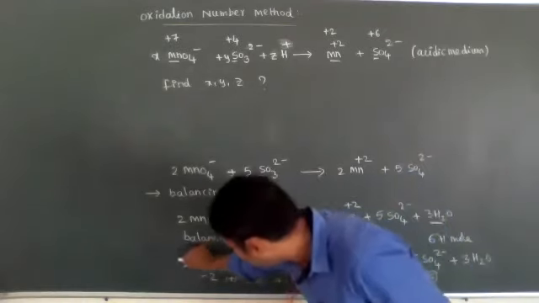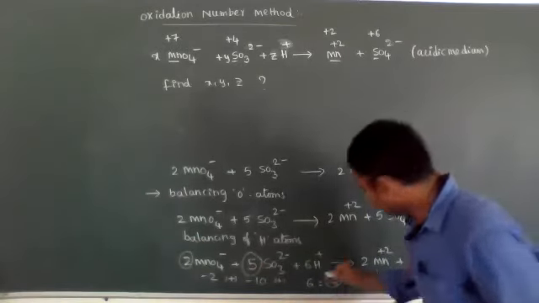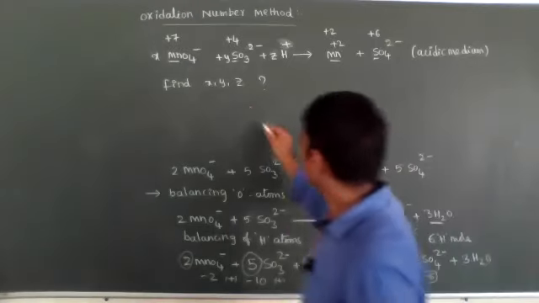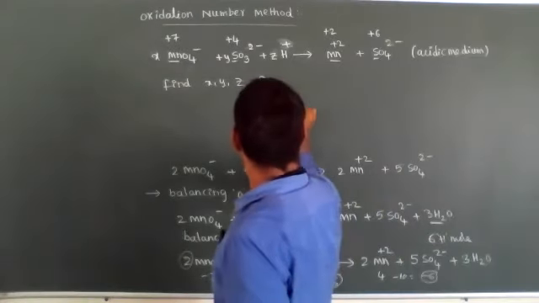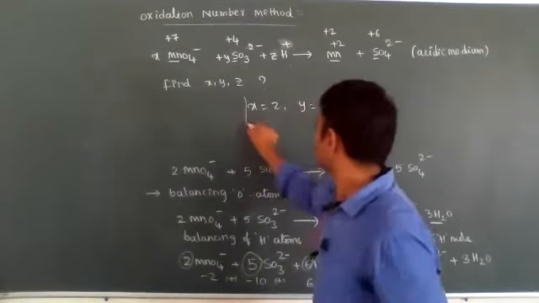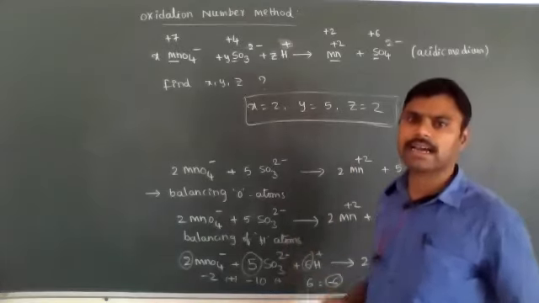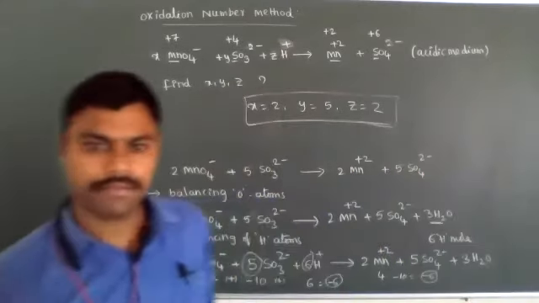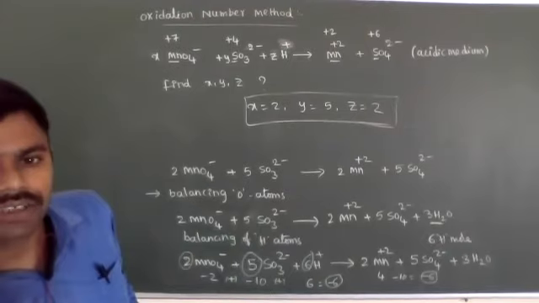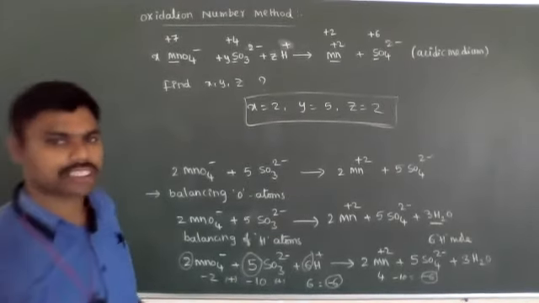What is the value of X, Y, Z? X is equal to 2, Y is equal to 5, and Z is equal to 2. So whichever option has this series is perfectly the correct answer. Okay? Understood?